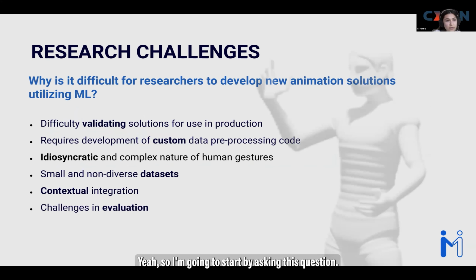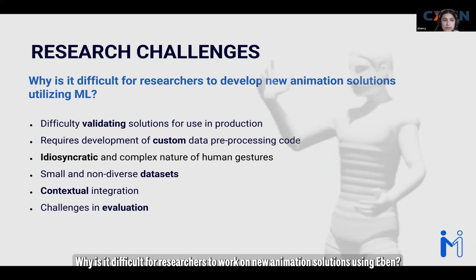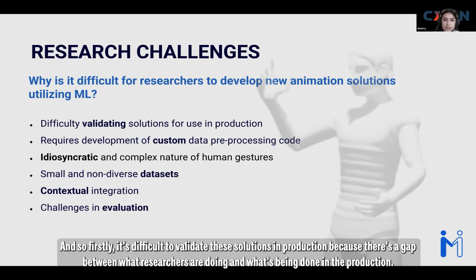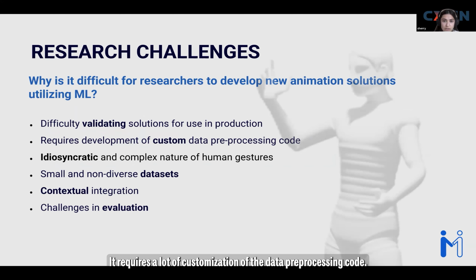So I'm going to start by asking this question. Why is it difficult for researchers to work on new animation solutions using ML? And so firstly, it's difficult to validate these solutions in production because there's a gap between what researchers are doing and what's being done in the production. It requires a lot of customization of the data preprocessing code.